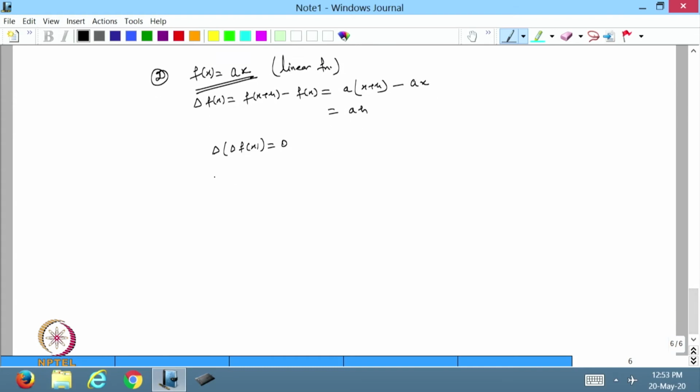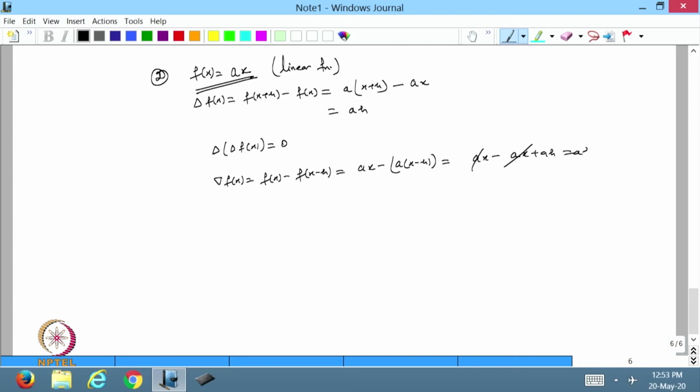Similarly, I can find the backward operator on f(x). That will be f(x) minus f(x-h). So, it will be ax minus a(x-h), and this will be ax minus ax plus ah.